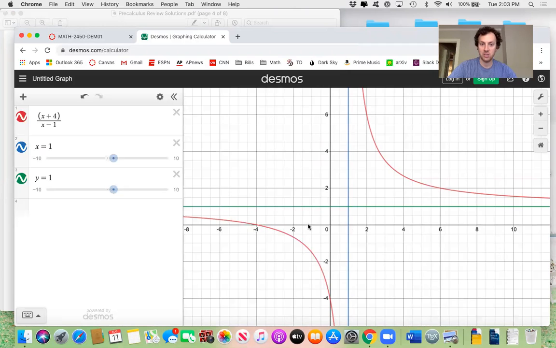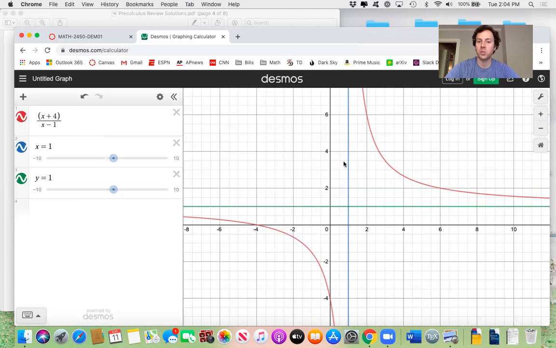This is the x where the graph crosses the x-axis. And that can be verified by looking at the formula here. If you put in -4 to this formula, you get 0 divided by -5, and that's 0. And if you set this equation equal to 0 and solve that, what you can figure out is that -4 is actually the only one.